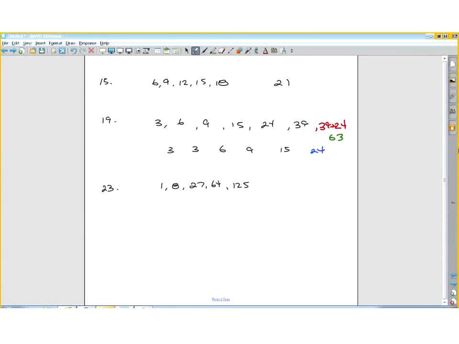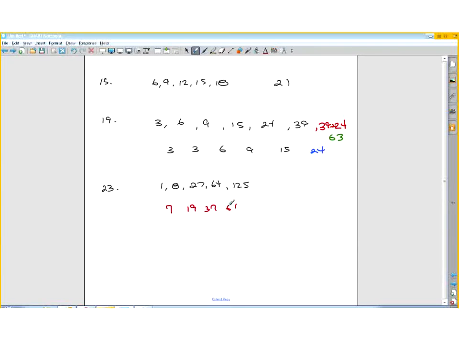Now, if you looked at the difference between these, you'd have 8 minus 1 is 7, 27 minus 8 is 19, 64 minus 27 is 37. 125 minus 64, better make sure I'm doing this right, get my calculator out, is 61. And I really don't see anything happening there.